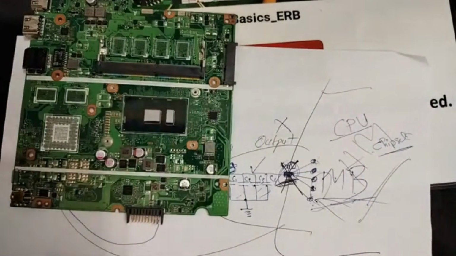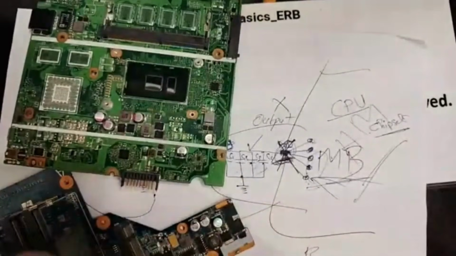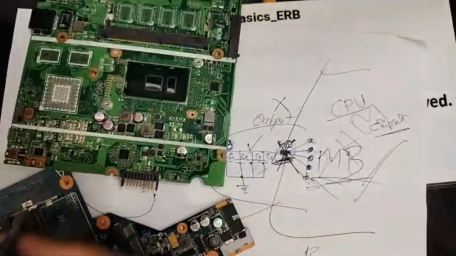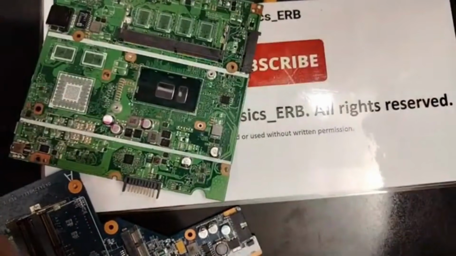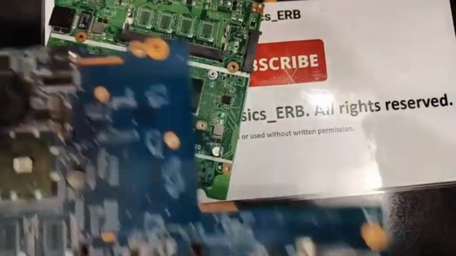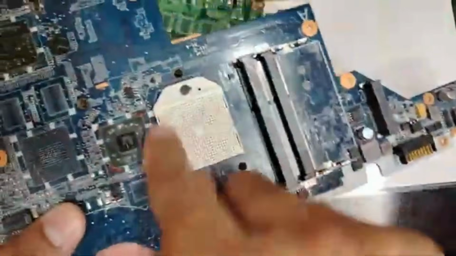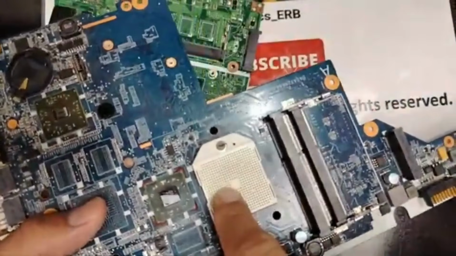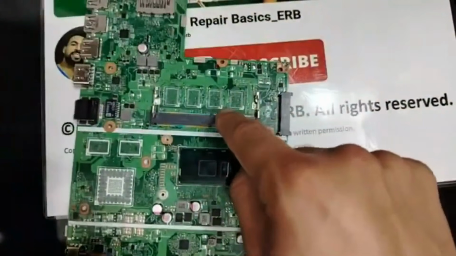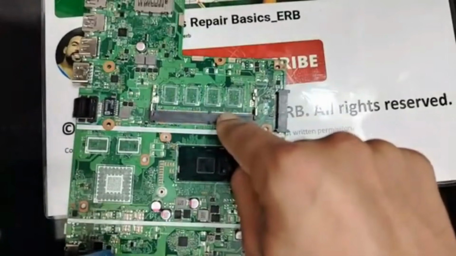Some technicians don't pay attention to the CPU socket. Sometimes you can find the CPU socket is shorted. Not just a component. It could be the CPU socket. It could be the slot in this case.